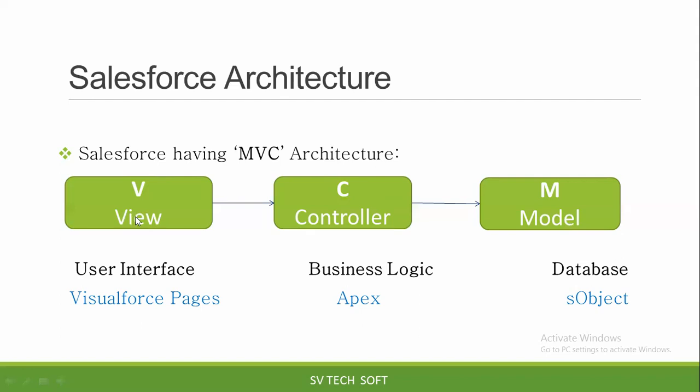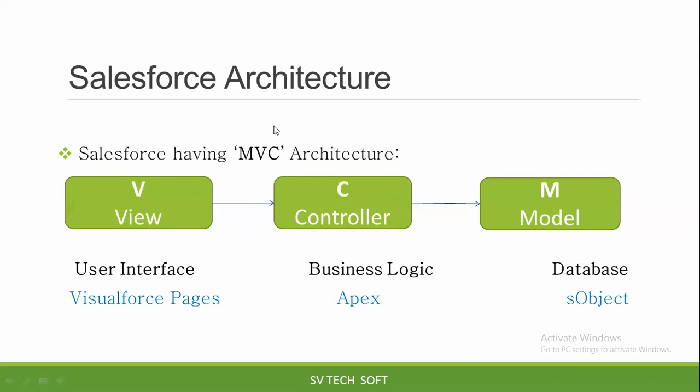Why has Salesforce designed this architecture as MVC? Whenever you do any project on Salesforce, you no need to take any front end tools. You no need to take any other programming language. You no need to take any further database. Everything is provided by Salesforce inbuilt.